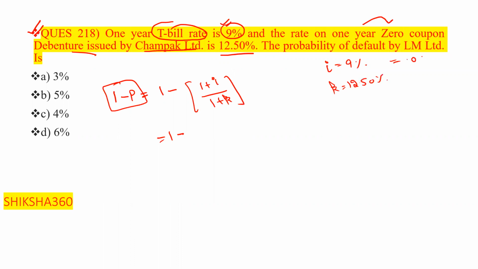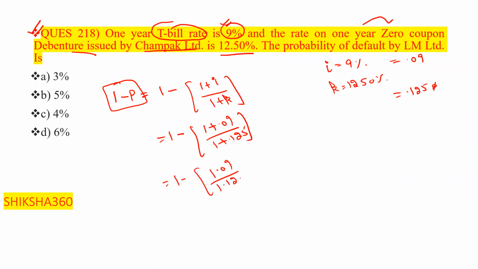So 1 minus 1.09 upon 1.125. 1.09 divided by 1.125 comes out to 0.969. So 1 minus 0.969 comes out to approximately 0.031, or approximately 3%.